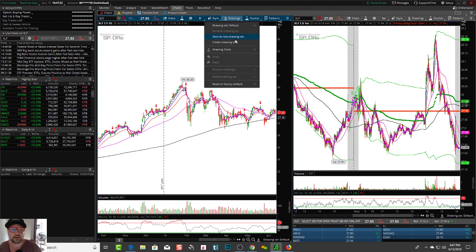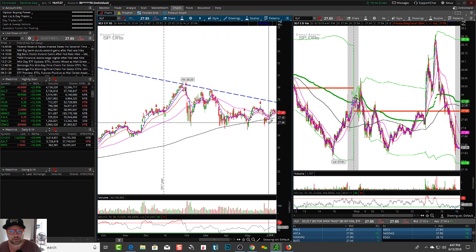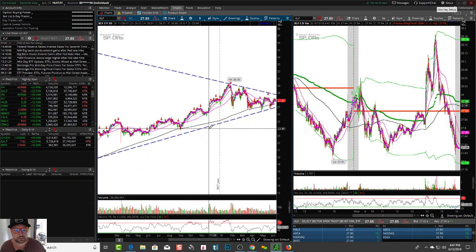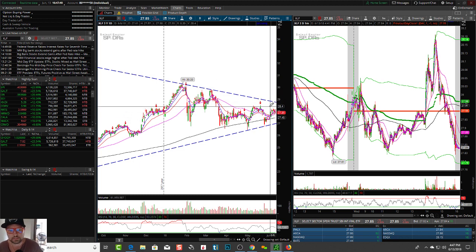In XLF right now, if I connect these lines right down over in here, you're going to see that price is right smack in the middle of a symmetrical triangle, which is what? Indecision. Right in the middle of a triangle is choppiness.